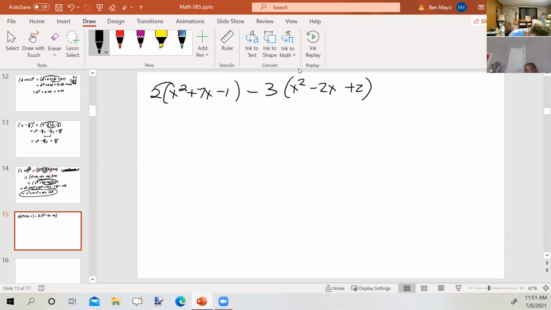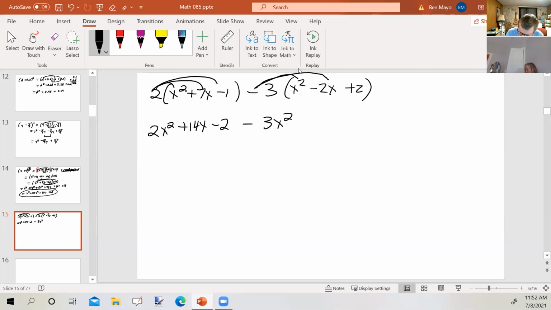So we're going to get 2x squared plus 14x minus 2. So we're distributing the 2 there. Then moving on, we're going to distribute the minus 3. So minus 3 times x squared is minus 3x squared. Minus 3 times minus 2x is plus 6x. And minus 3 times plus 2 is minus 6.